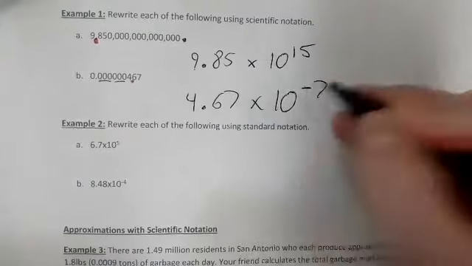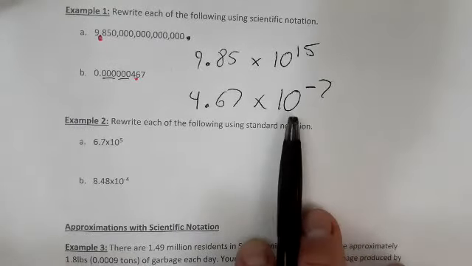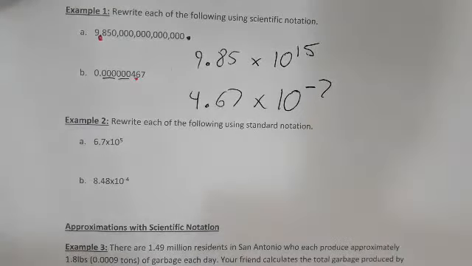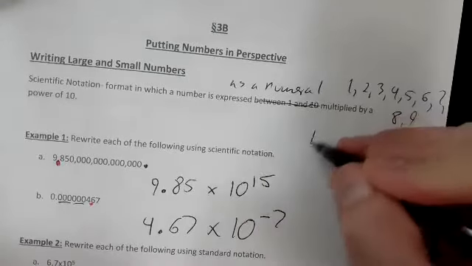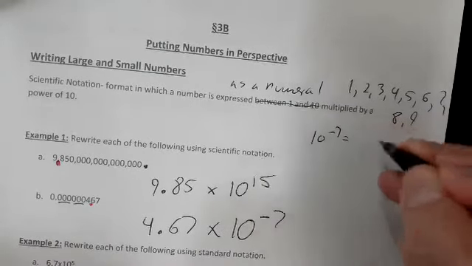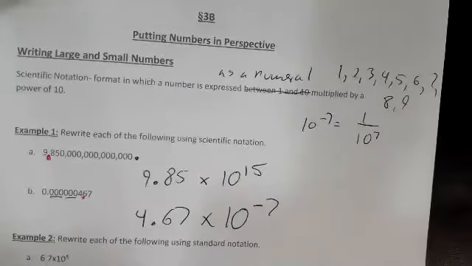It has to be -7. And so this is sort of like you're dividing by 10 to the 7th is another way to think about that. We talked about negative exponents. -7 would be 1 over 10 to the 7th.